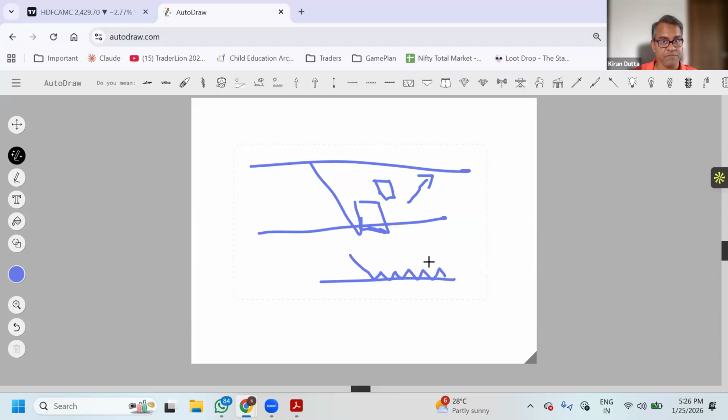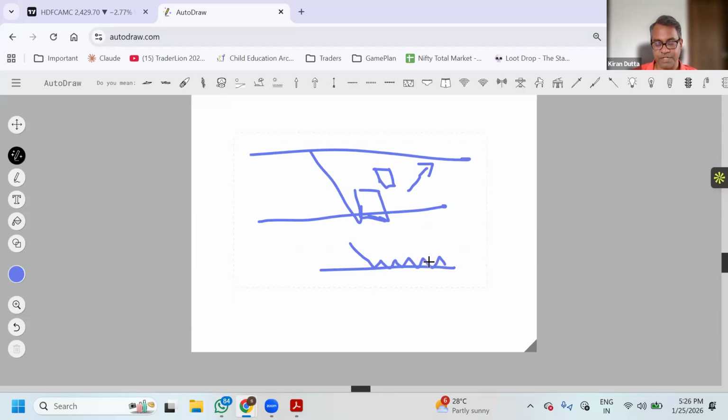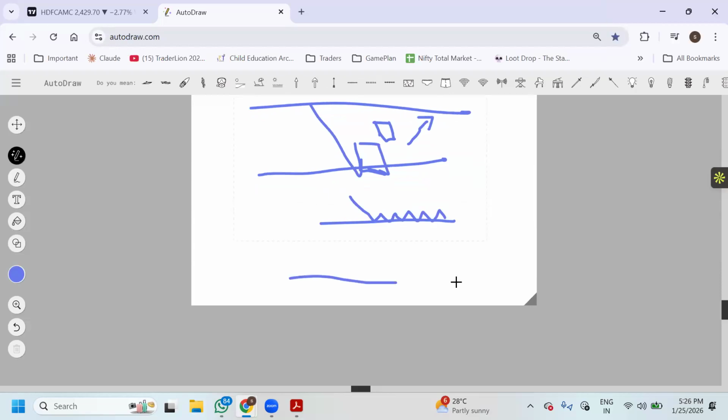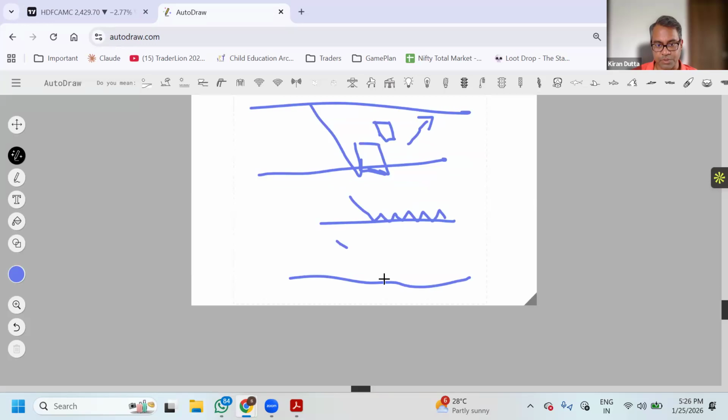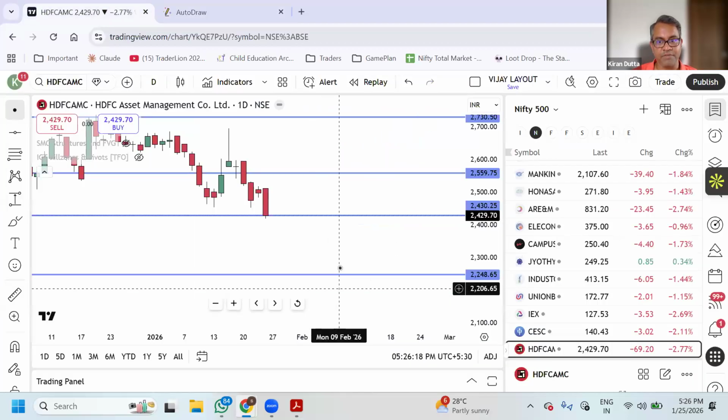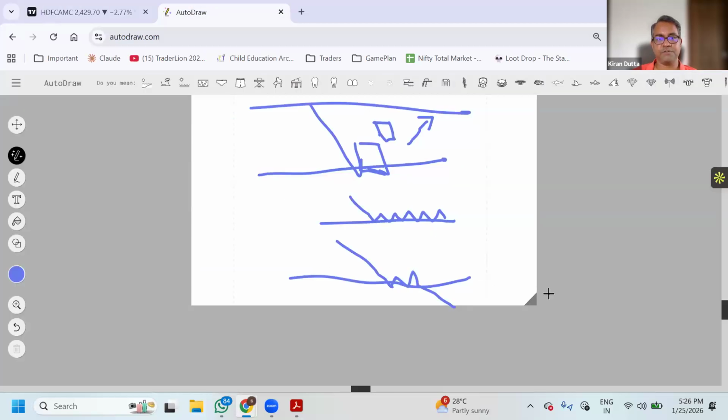I don't know how many days it will consolidate. Third, if it doesn't honor this support, after 1-2 candles the stock might come down further and might even touch 2248. These are the 3 scenarios.